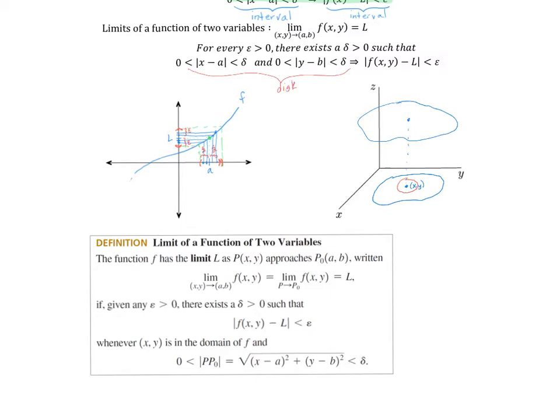So if for every epsilon, and here this is going to correspond to some z value, you get an interval around L that corresponds to a disk around your point x, y, such that for every point inside the disk you get a corresponding point within that interval around L, then the limit exists.